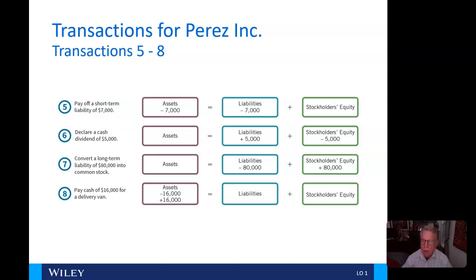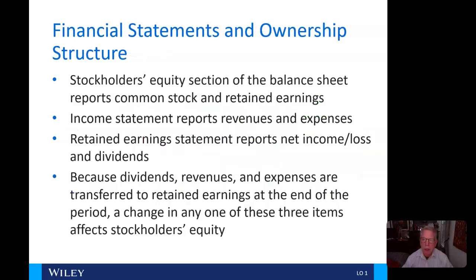Both of those are assets. The delivery van itself will be a long-term asset, equipment normally. It's going to go up, and our cash to pay for it is going to go down. You can see I'm moving pretty quickly through that. My assumption is that this is sort of review for you at this point in time from your 101 class.